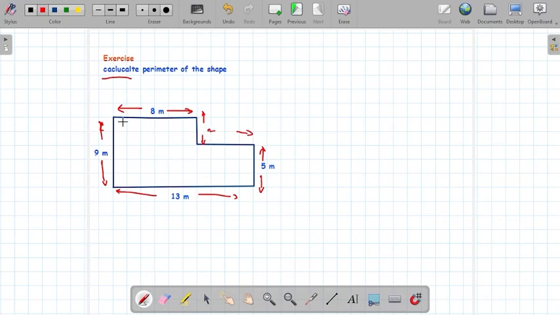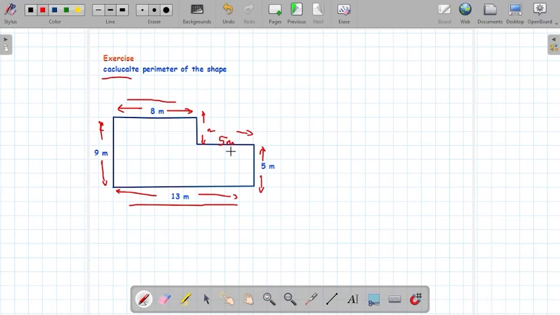As you can see here, the whole width, let's start with this part here. So I want to calculate this part here. So if I have the total thing as 13 here, this is 13 from here to here, and from this side to this side is 8. It means what is left will represent the value. So I will subtract 13 minus 8 to get the answer, which is going to be 5 meter.